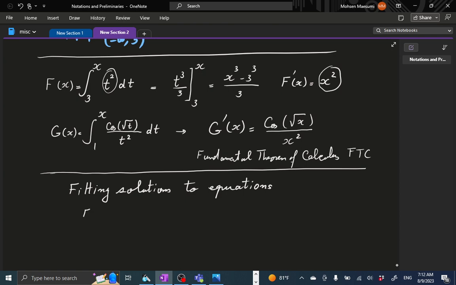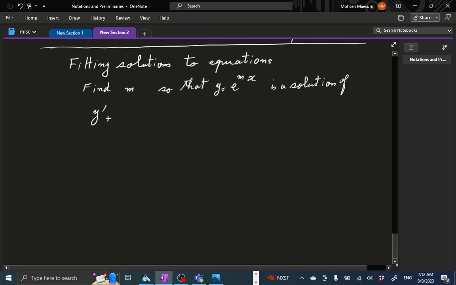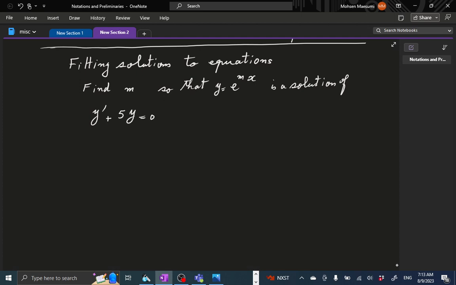So here's a typical type of simple question. Find m so that y equal to exponential of mx is a solution of, say, here's a simple problem, y prime plus 5y equal to 0.